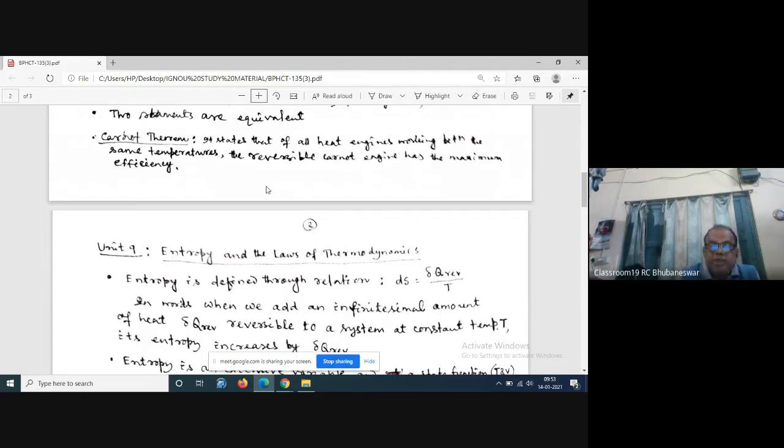That means if you take two heat engines, one a reversible heat engine and another an irreversible heat engine, in the reversible Carnot engine, after the four steps, the initial state and final state of the working substance are the same. But in the case of an irreversible engine, the initial and final states may not be the same.